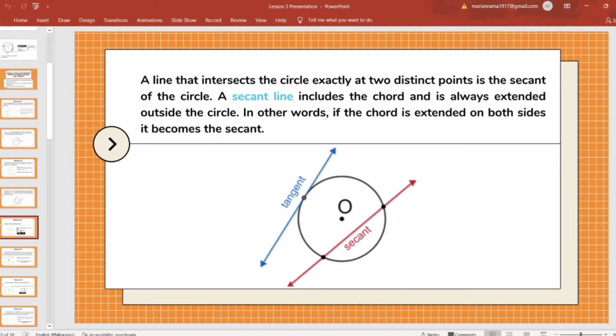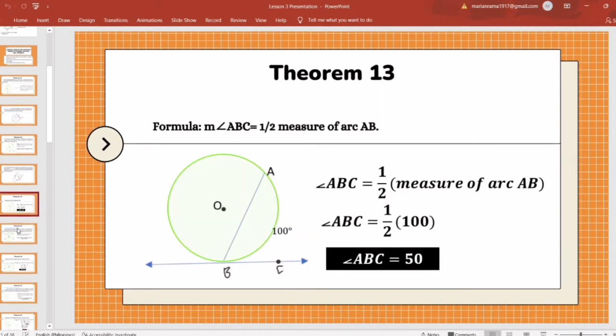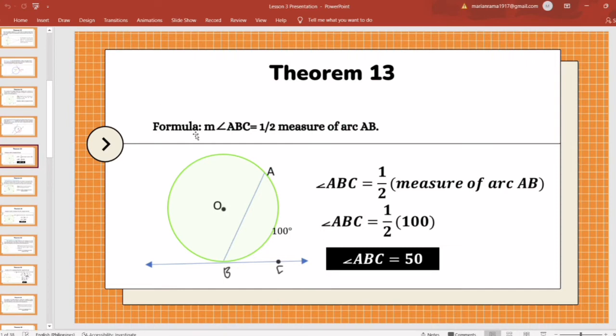And here we have theorem 13. For our theorem 13, we have our formula here. Our angle ABC is equal to 1/2 the measure of our arc AB. So, for example, in our theorem 13, we have arc AB equal to 100 degrees. Then angle ABC is equal to 1/2 the measure of our arc AB.